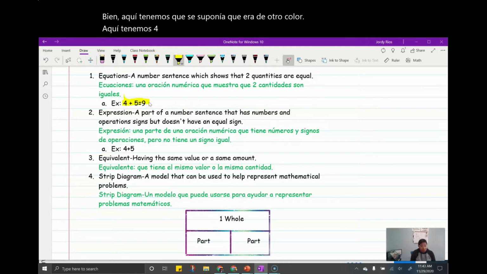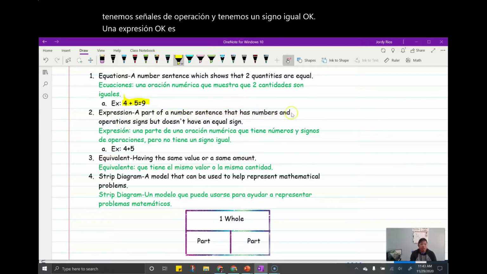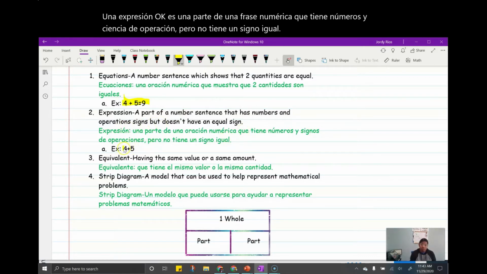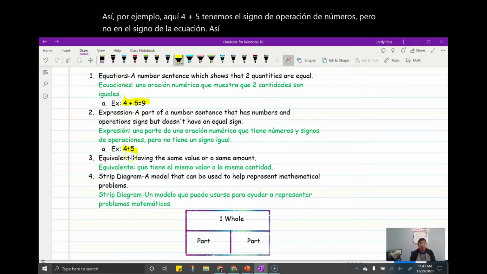That is an equation, because we have numbers, we have operation signs, and we have an equal sign. An expression is a part of a number sentence that has numbers and operation signs, but does not have an equal sign. So, for example here, 4 plus 5, we have numbers and an operation sign, but not an equal sign. So this is not an equation, it's an expression.